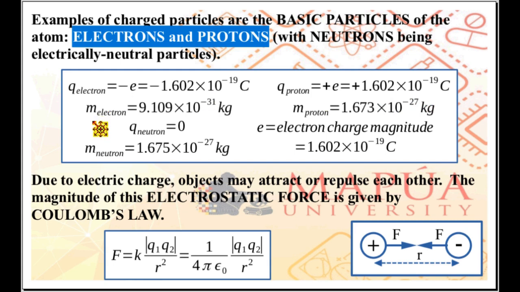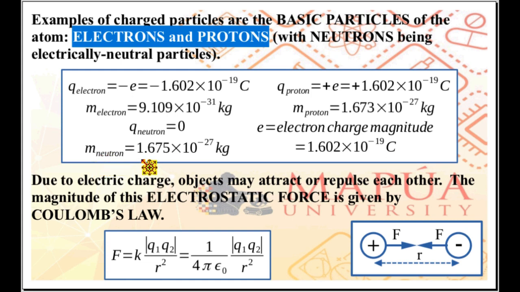Also given are the masses of the particles. You have the electron mass, the neutron mass, and the proton mass. M electron is equal to 9.109 times 10 to the negative 31 kilogram.